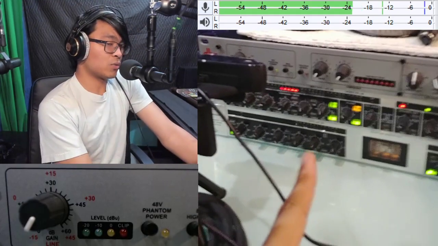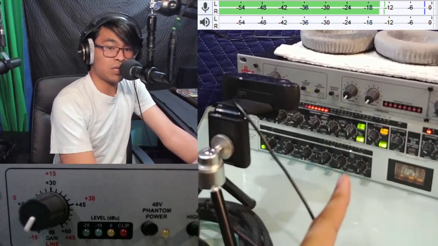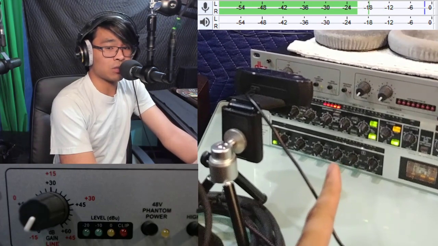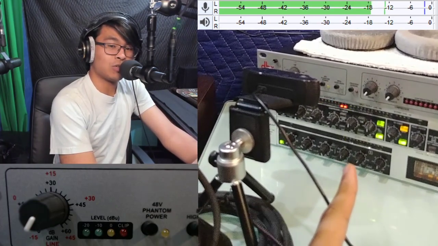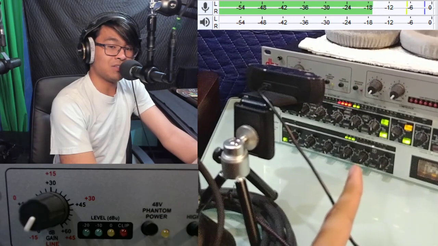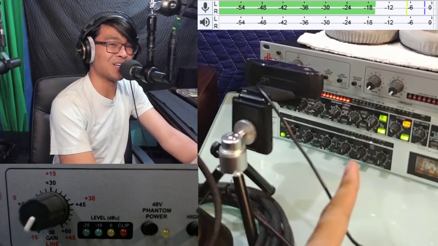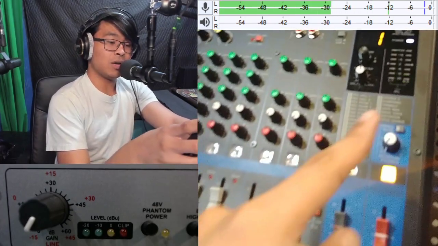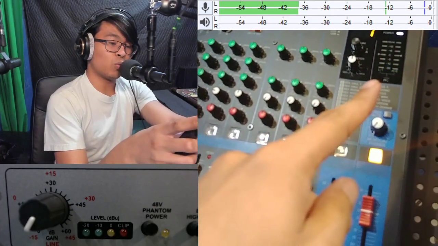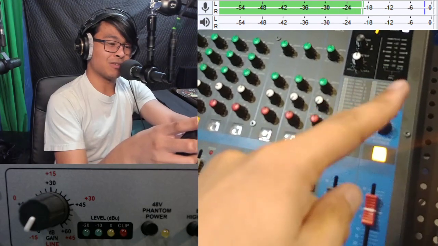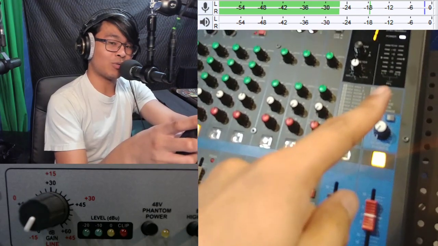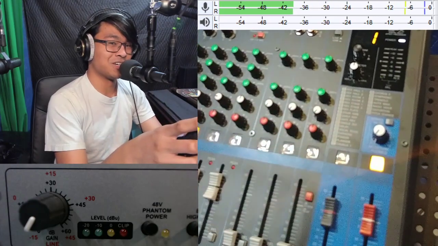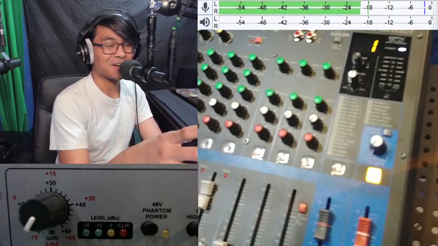Over here on my left is going to be my microphone preamps. The one at the bottom is the one you're going to want to care about the most. It's one single lonely green light that lights up, and rarely 2 or 3 green lights will light up. You'll see here, this is my mixer, and there is going to be one set of green lights lighting up, and rarely you're going to see 3 of them go up if I go a little bit louder.